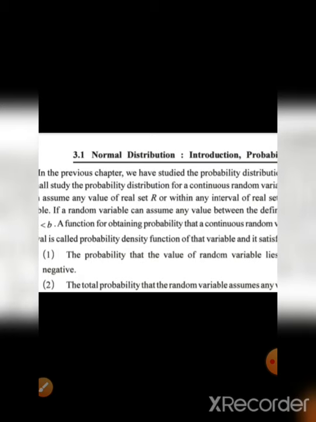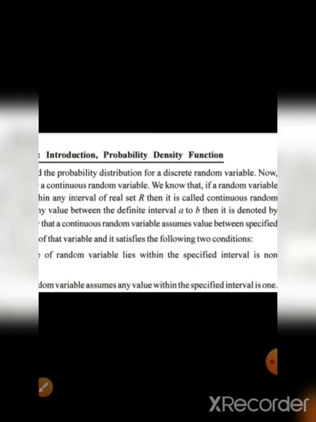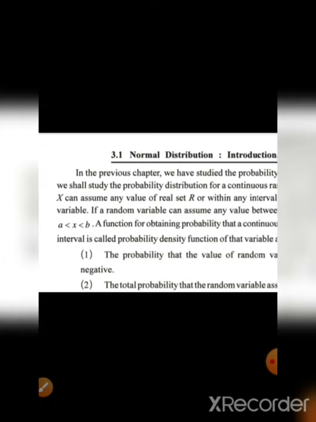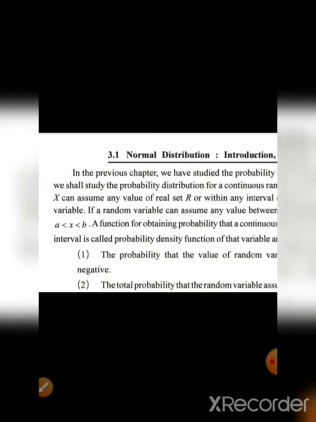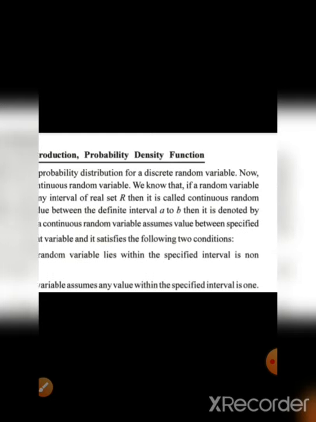On the basis of that, a function for obtaining the probability that a continuous random variable assumes a value between a specified interval is called the probability density function. So what is the probability density function? It is a function for obtaining the probability for a continuous random variable between specified intervals.